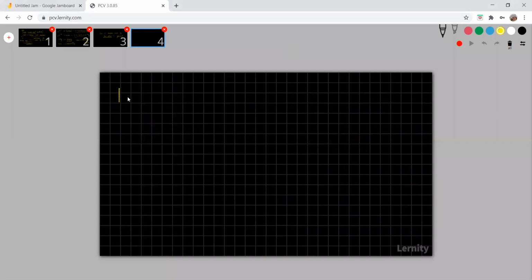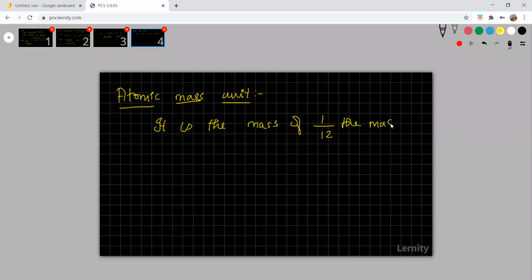What is one atomic mass unit? You might have studied the definition as: atomic mass unit is the mass of 1 by 12th the mass of a carbon C12 atom.